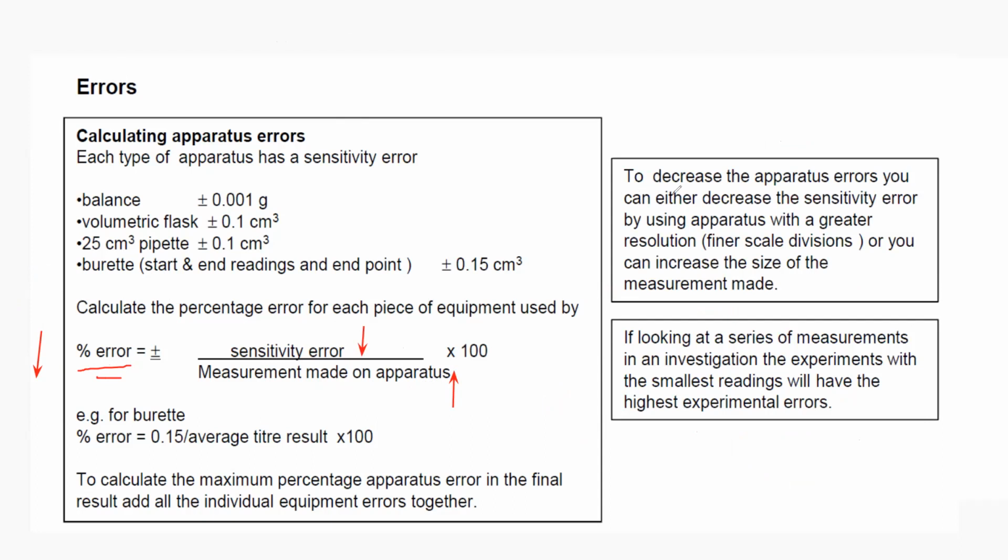So to decrease the percentage error, you can either decrease the sensitivity error, by using apparatus with greater resolution or a finer scale, with more markings so it can easily be read, or you can increase the size of the measurement.